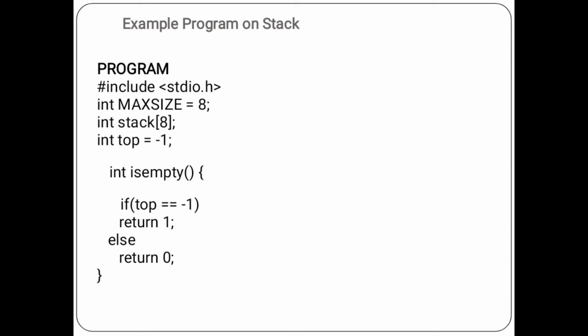Because initially no push or pop is done, so in that stack no element will be there. The top of the stack is minus 1, so no element will be pushed, no element will be popped. Nothing is there. So here we initialize top is equal to minus 1.